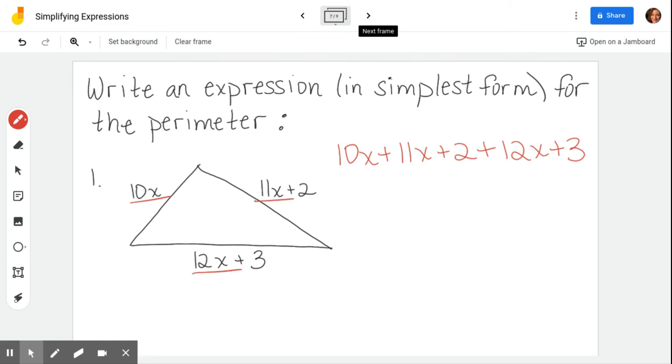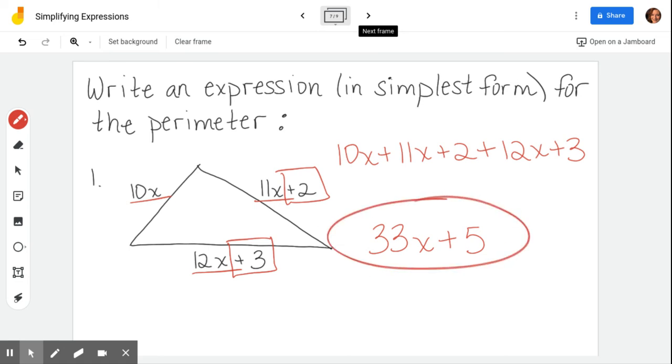Let's see, 10 and 11 is 21. 21 and 12 would be 33x. And then on my constants, there's nothing with the 10x. I have a +2 here and a +3 here, so plus 5. My perimeter is 33x plus 5.